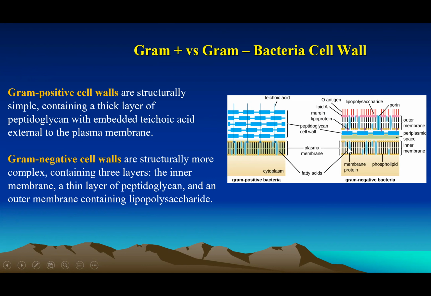Whereas in gram-negative, you can see the phospholipid inner membrane, then a periplasmic space, then a thin peptidoglycan cell wall, and another outer membrane. So this actually has three layers: an inner membrane, a thin layer of peptidoglycan, and an outer membrane made of lipopolysaccharides. So it's very complicated. That's why the staining protocol for gram-positive and negative is different. We use a differential stain for that.